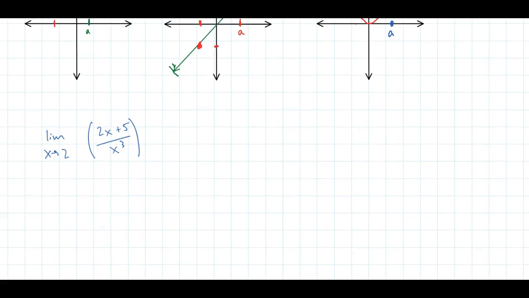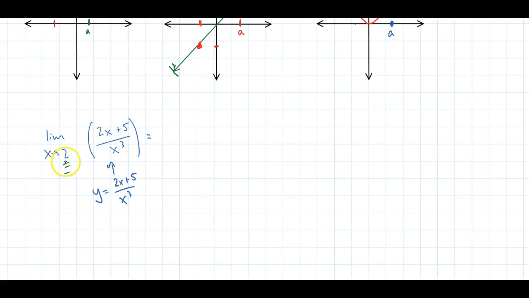So I'm going to take the limit as x approaches 2 of 2x plus 5 divided by x cubed. If we look at what those other properties said, we almost want to say, well, if this is my y equals 2x plus 5 divided by x cubed, I know that everything around 2, this graph is okay. There is an asymptote on this graph at x equals 0, but I'm not really worried about that.